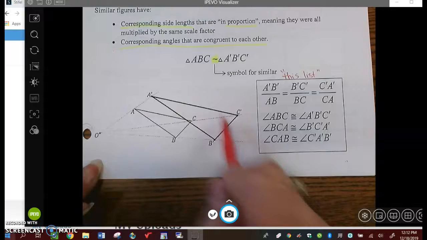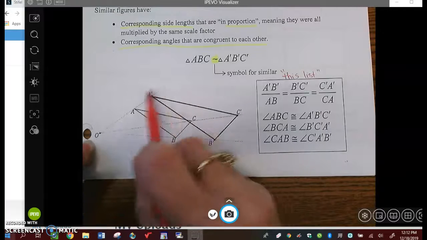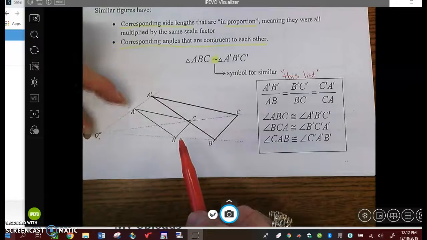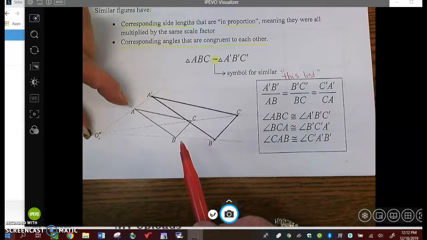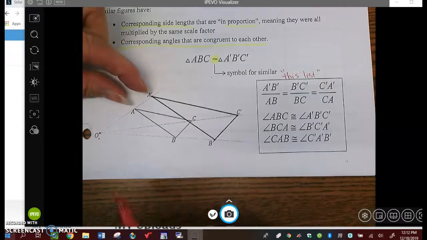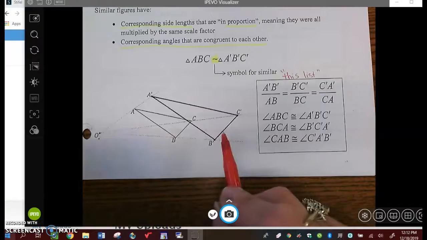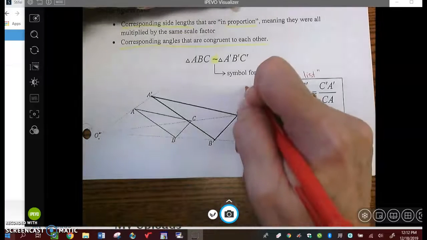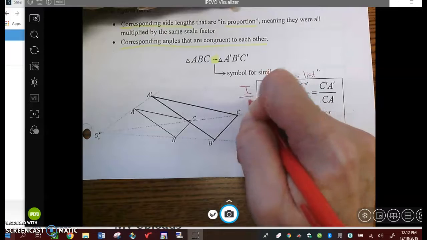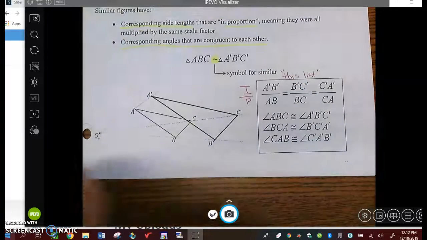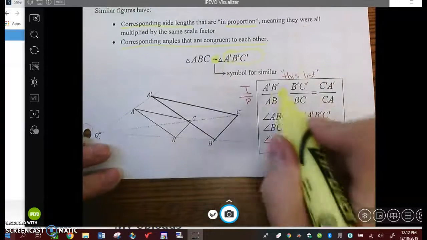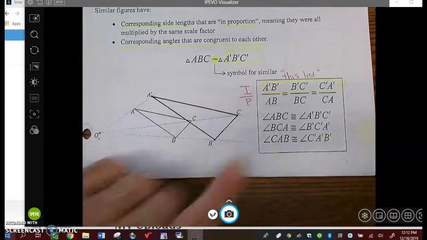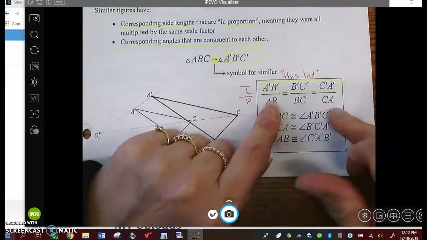So if you look at this picture, I have triangle ABC. It's been dilated, center is O. I'm not quite sure what the scale factor is, maybe 1.5. But we know corresponding sides are in proportion. And remember, we always list the image over the pre-image. This is our image, all of those are in the top of these fractions, and they're all matched up to their corresponding sides.